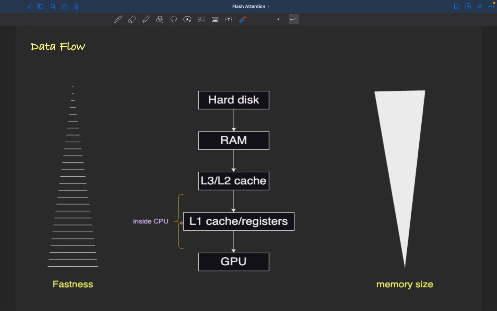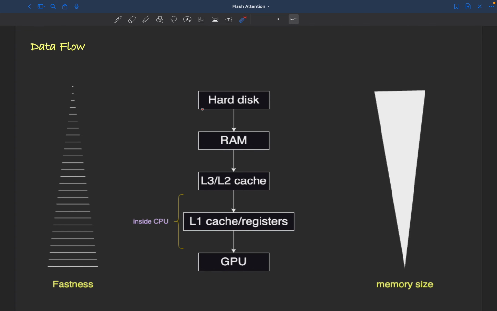And also there is L1 cache and registers, which are faster memory and very close to the CPU, and most of the time inside the CPU chip as well. That's why these two are called on-chip memories too, and these are called faster memories. And these are all with respect to CPUs.